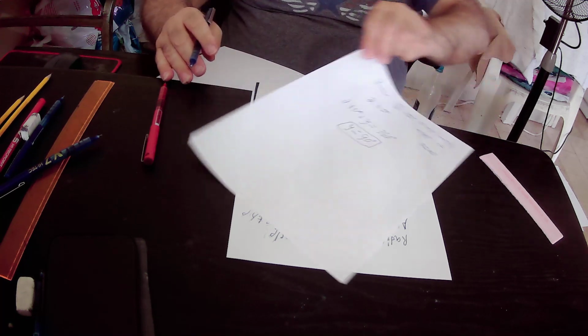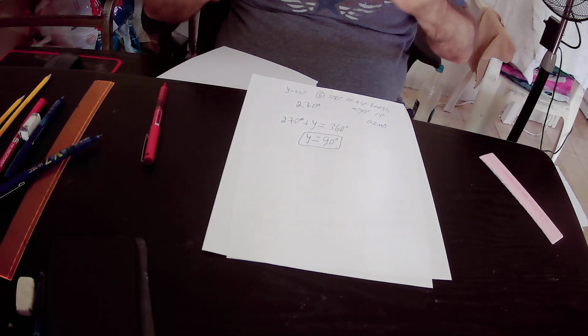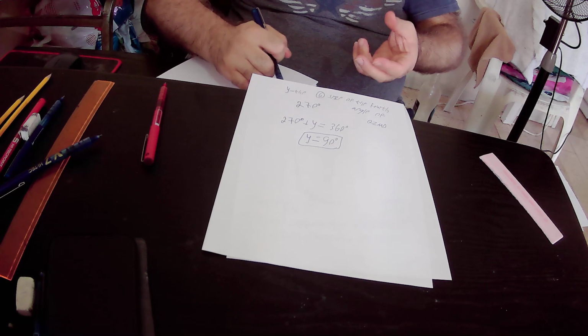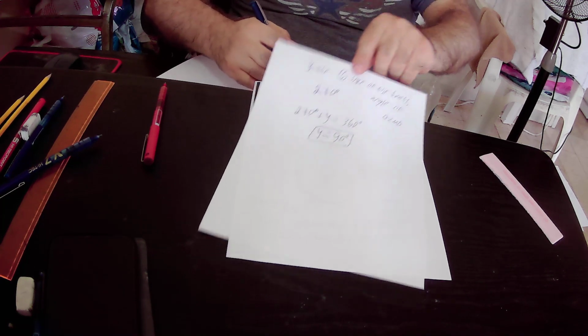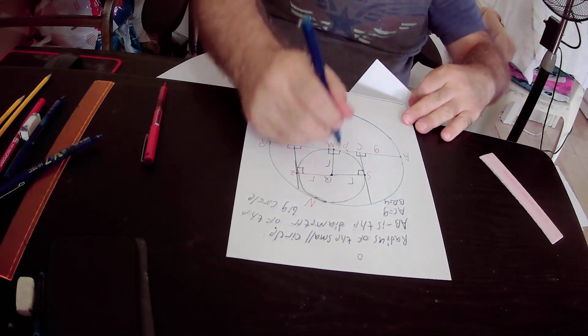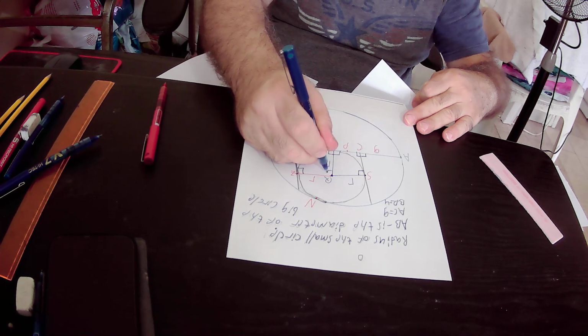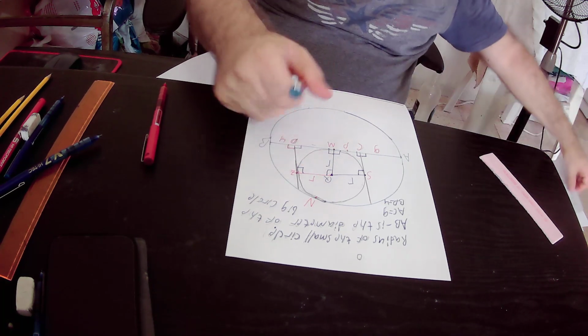So we concluded that the size of the fourth angle is 90 degrees, that is to say it is a right angle.